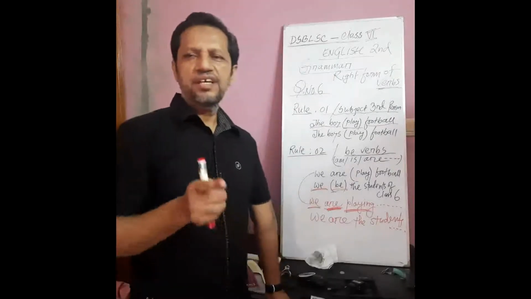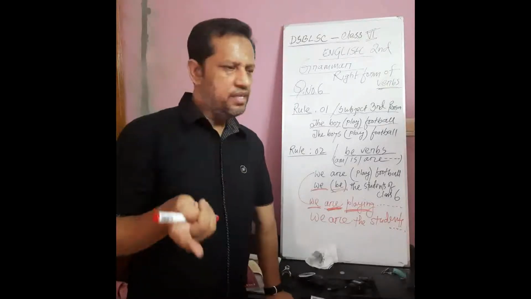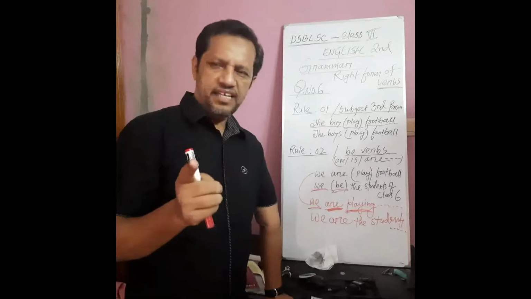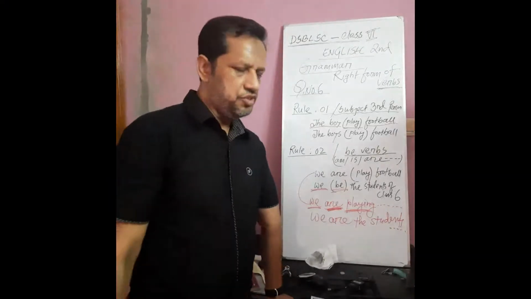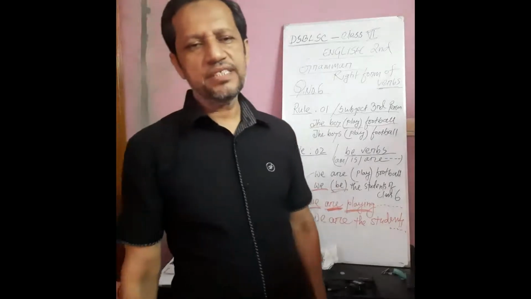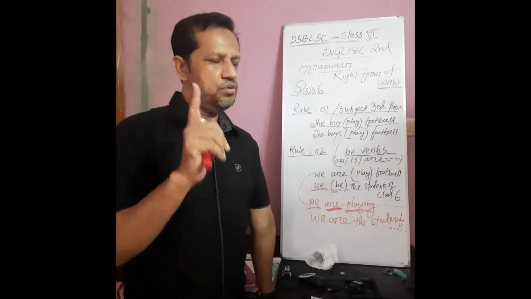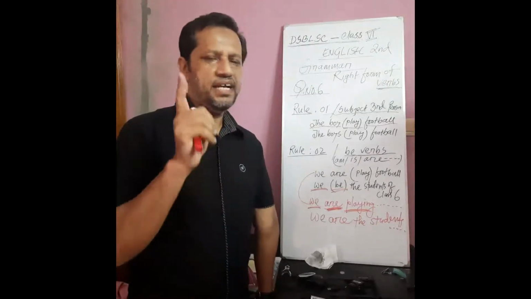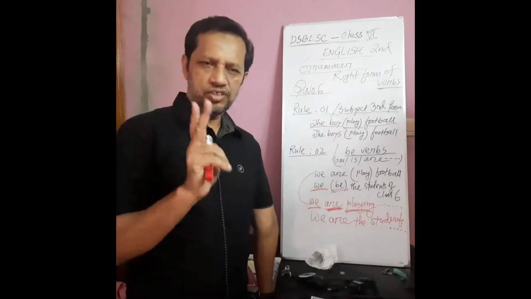Students, you can also use shall be or will be in the future indefinite tense. Then be is also a main verb. So it is clear to us that the be verb can be used in two ways: one as a main verb and the other as a helping verb or auxiliary verb.